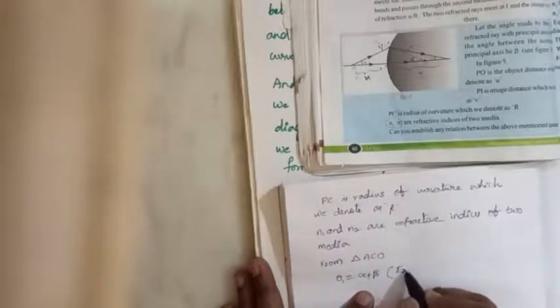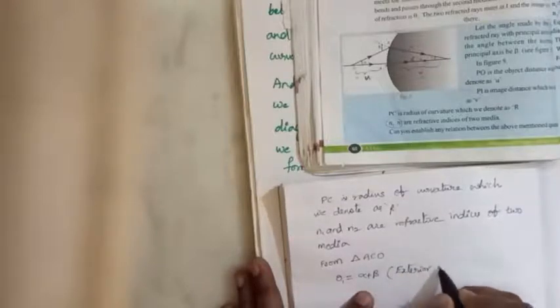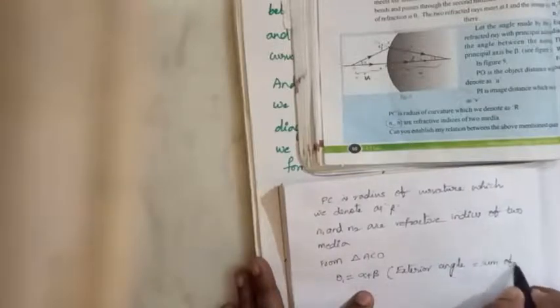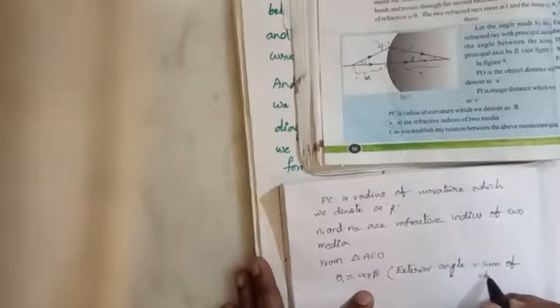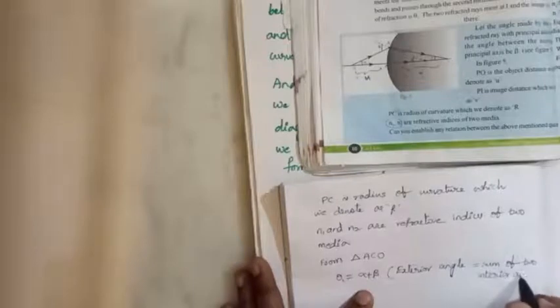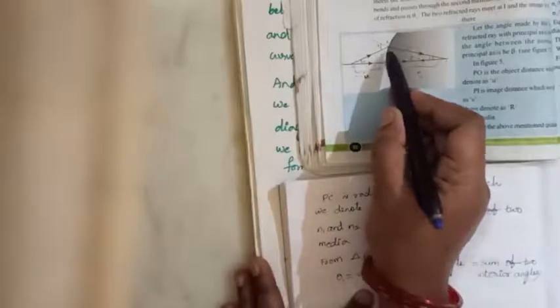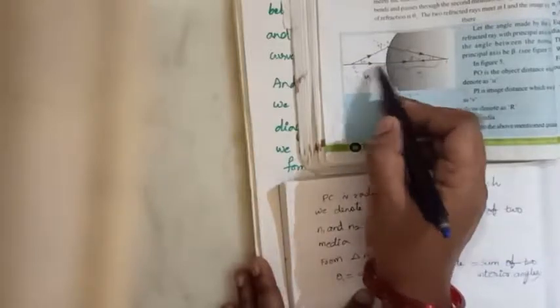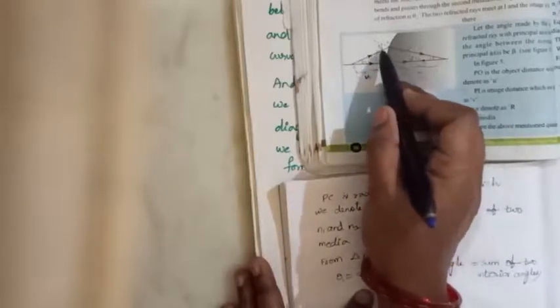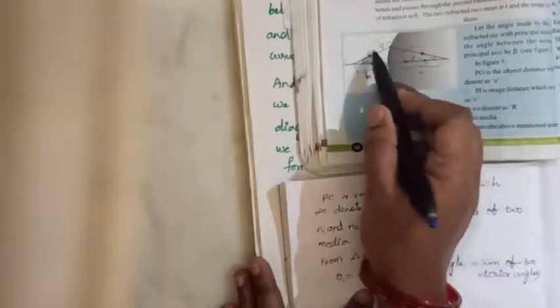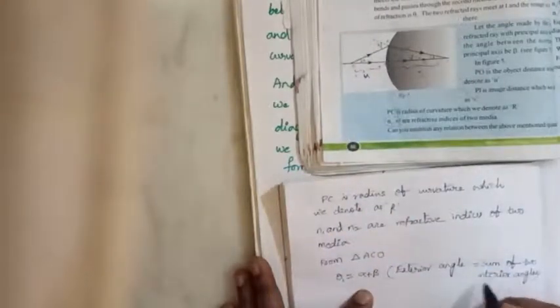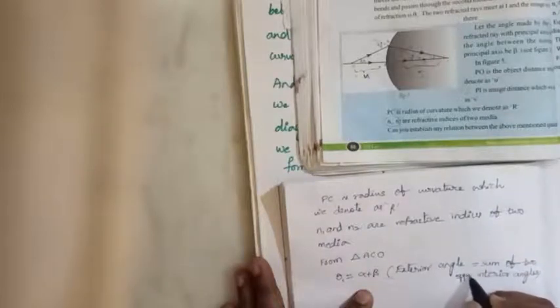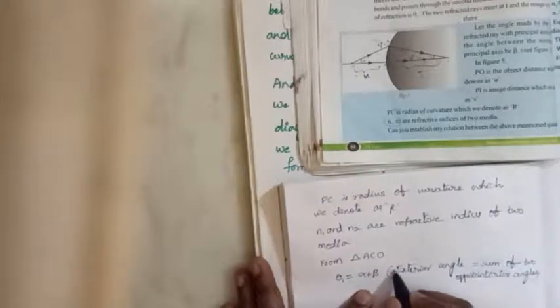The exterior angle is equal to the sum of the two opposite interior angles. Children, here we are taking the exterior angle, so the sum of the two opposite interior angles will be equal to the exterior angle at the third angle. That property I am using here.